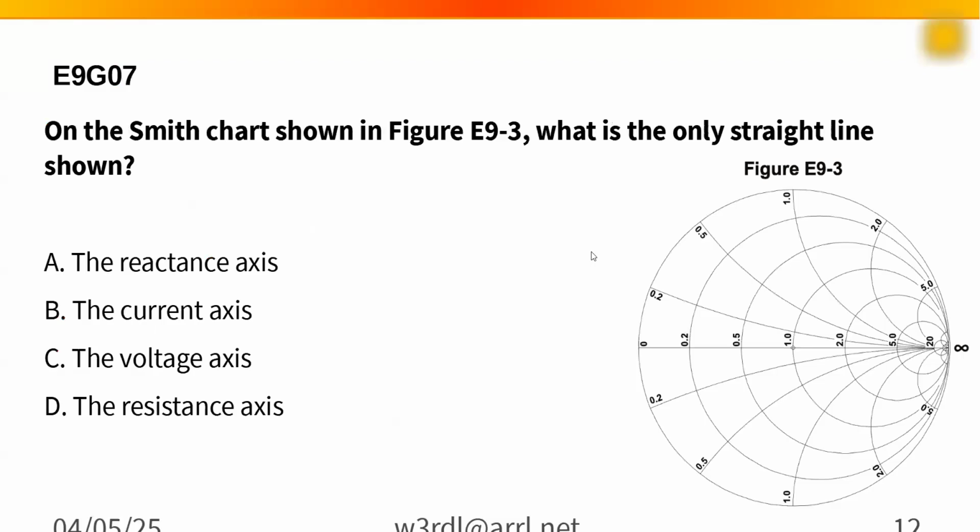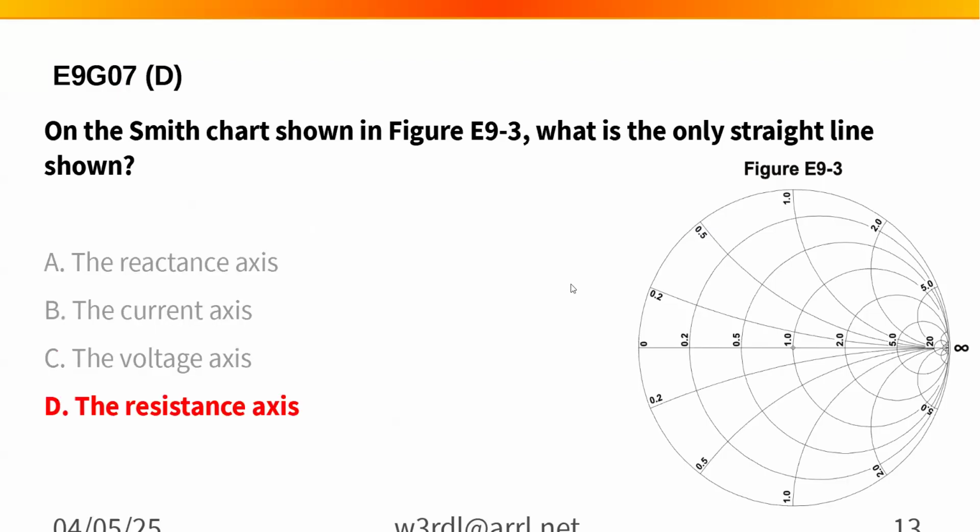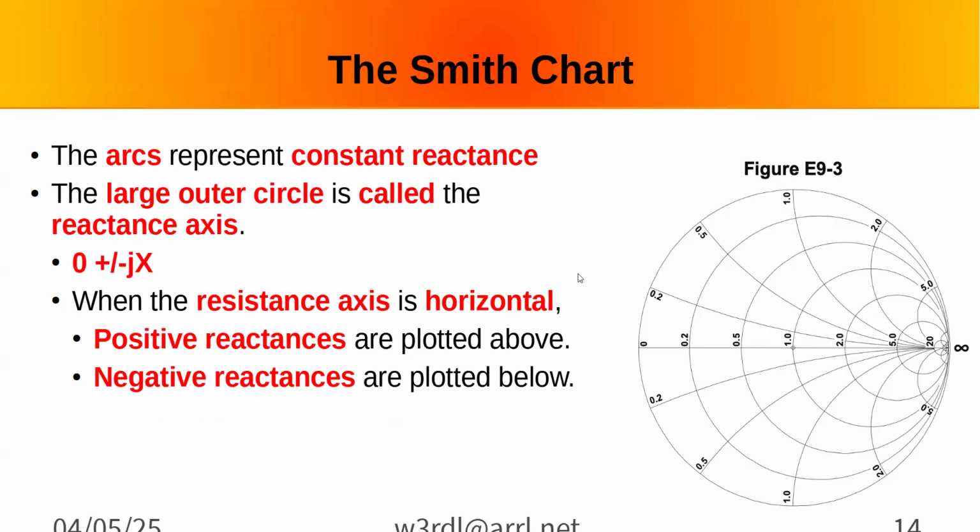Charlie. In figure E9.3, what is the only straight line shown? No. Yeah, told you it was easy.